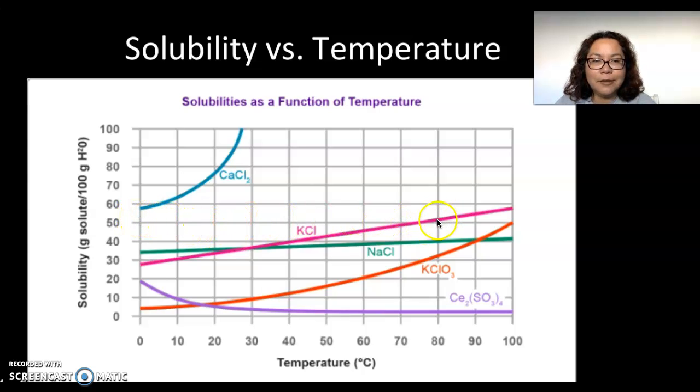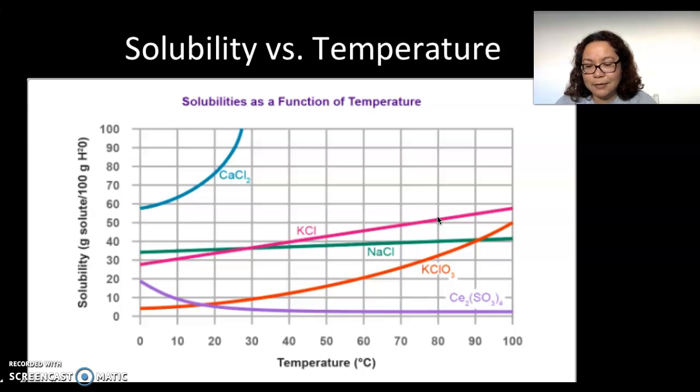Not completely 50 grams, maybe around 51 grams. So at 80 degrees you can dissolve about 51 grams of potassium chloride. That is the maximum amount that potassium chloride can be dissolved.